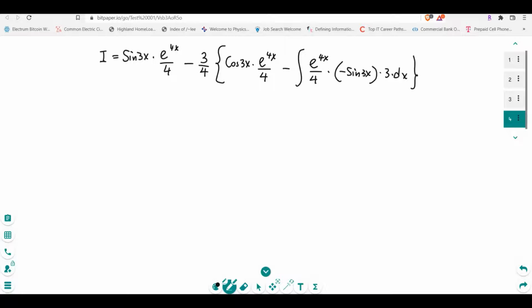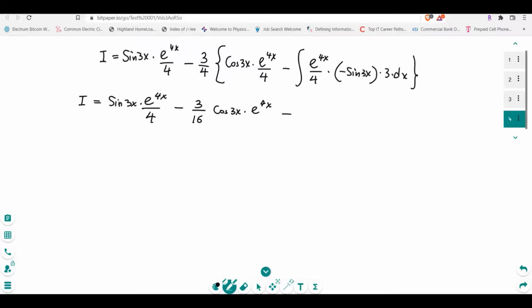This is the same expression from the previous page. So now let's try to simplify this further. On the left hand side I have I, that is equal to sine 3x times e to the power 4x over 4, and then I'm going to distribute this 3 over 4 inside the curly brackets. So then I'll have 3 over 16 cosine 3x times e to the power 4x, and then there's going to be a negative times a negative, that will be positive, but then again there's another negative, so I'm going to have a negative.